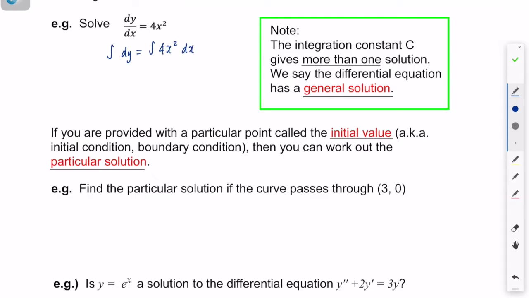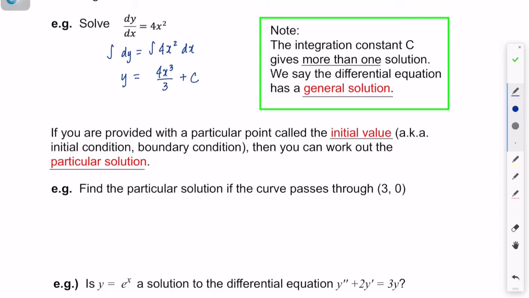Because the integral of 1 dy is y, and the integral of 4x squared is 4x cubed over 3 plus c. So we still have to include that integration constant. And notice that we're really dealing with a family of functions here.